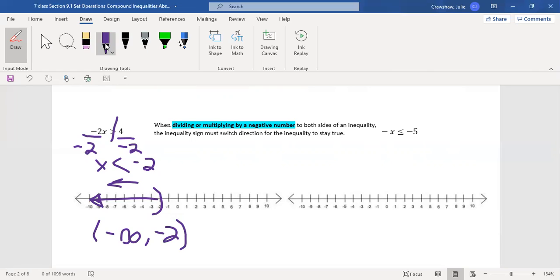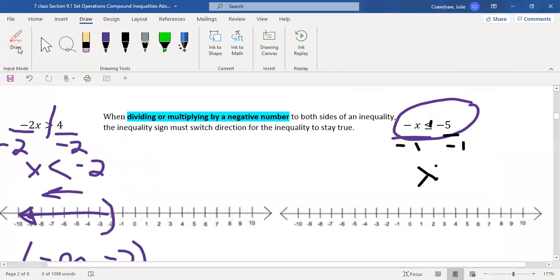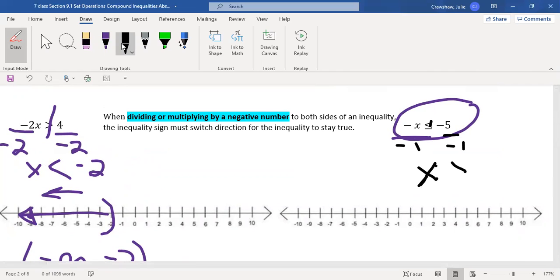Whereas for this inequality on the right-hand side, I'm going to divide both sides by a -1, which is going to create x, and I have to flip the sign, is greater than. Sometimes my stylus just does not want to work. So x is greater than or equal to +5, because a negative divided by a negative is positive.